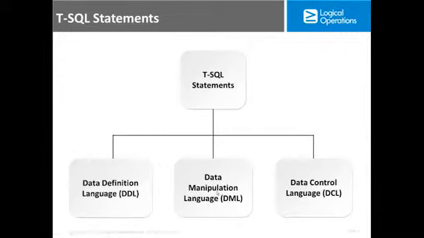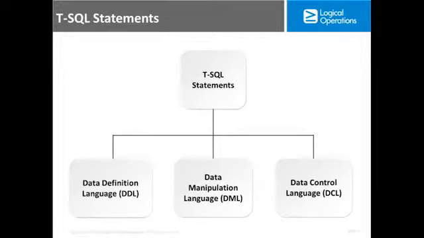Data manipulation language, DML, is to actually get the data out of those databases or tables. So when we do select statements, or we insert stuff, or we try to put in data into the objects we've created. We create the objects with DDL. We put in the data and get the data out with DML.